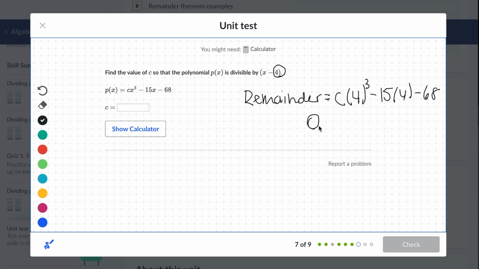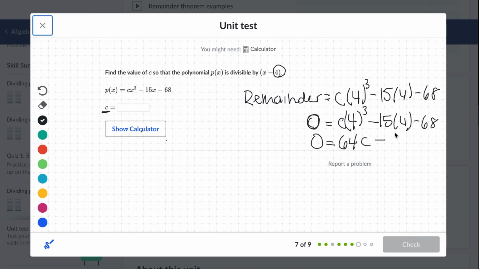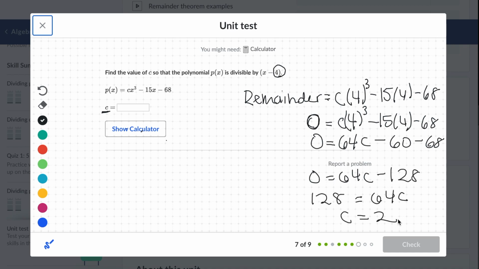So you don't want a remainder at all. You want the remainder to equal 0. So you're left with this equation where you know all of the numbers, but you don't know the c value. That's what we're trying to find, right? So we're going to solve for c in this equation. Okay, so I got c equals 2, and that should be our answer.